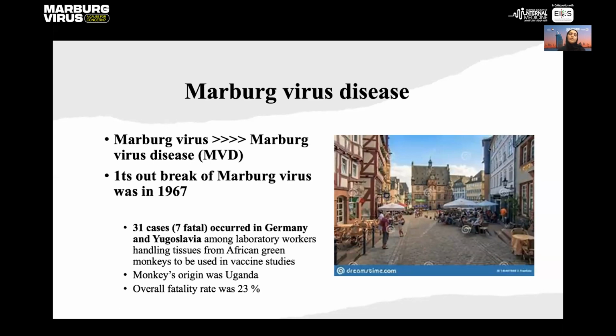In the outbreak of 1967, almost 31 cases were infected, and 7 were fatal, with a case fatality ratio of around 23%. The infected personnel were lab workers who were working on African green monkeys to develop vaccine studies. And these African monkeys were imported from Uganda.